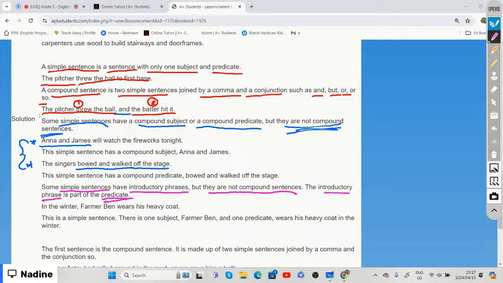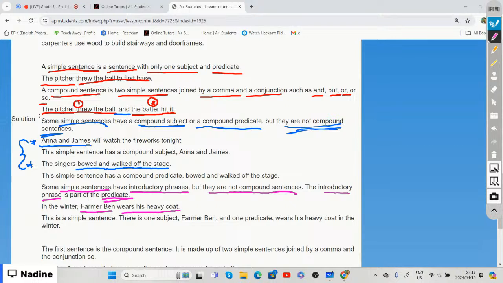If we look at this example of an introductory phrase within a simple sentence, this is a simple sentence. It has one subject, which is Farmer Ben, and it has one predicate, which is wears his heavy coat.